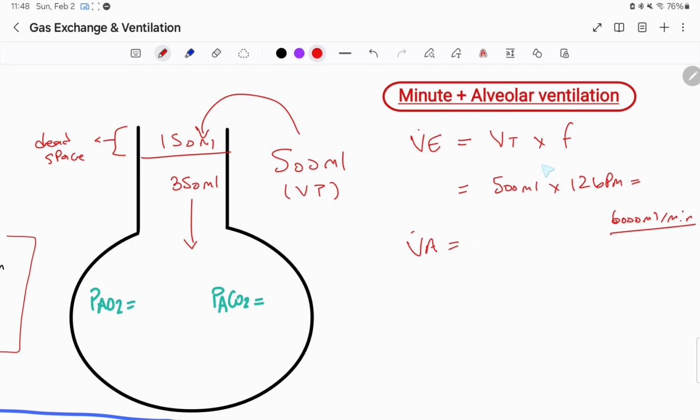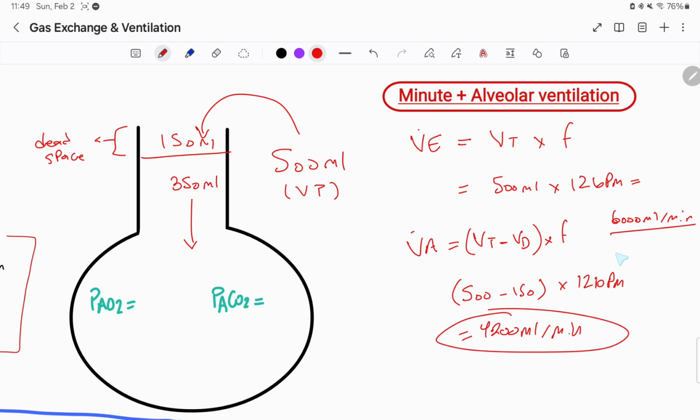It's a very similar formula, but you subtract VD, dead space, and then multiply by the frequency. Using the same example, you do 500 minus the 150 that was lost, multiplied by 12 breaths per minute, and you get 4,200 mLs per minute.